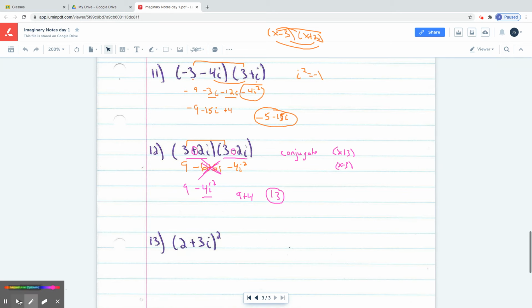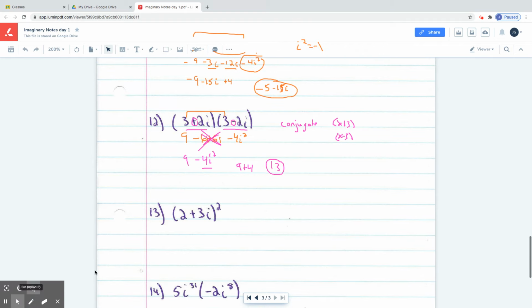Now, don't be confused if you have something squared. You can't just do 2 squared and 3i squared. This means 2 plus 3i times 2 plus 3i. These are not conjugates. These are both plus. So this you have to FOIL out. The middle terms do not cancel.